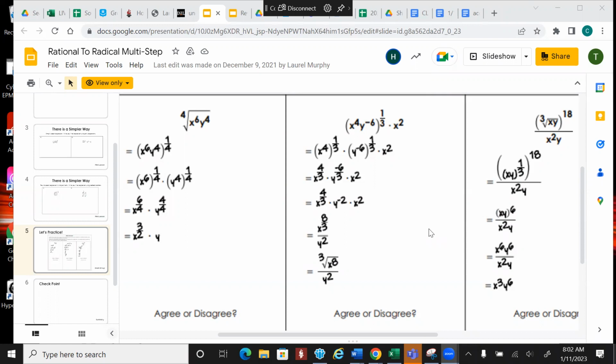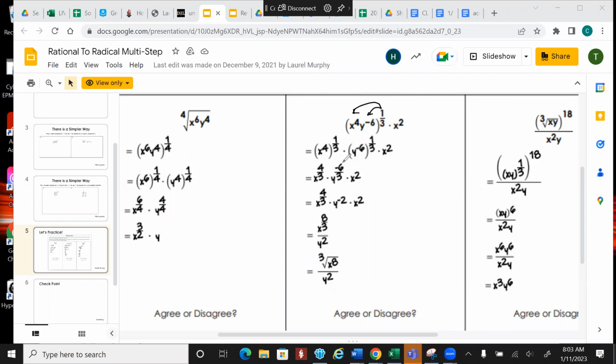Thanks, babe. All right, so where did they mess up on this one? So what's the first thing they do? What's the first thing? So what would you do if you were looking at this first problem?